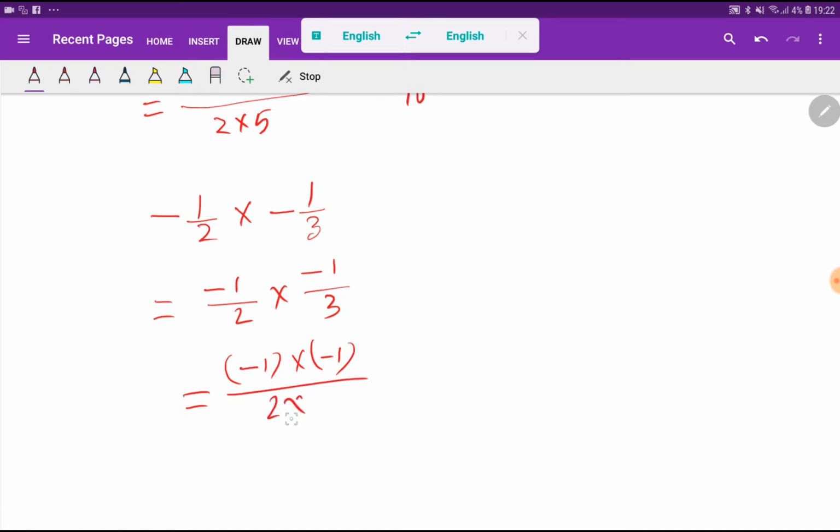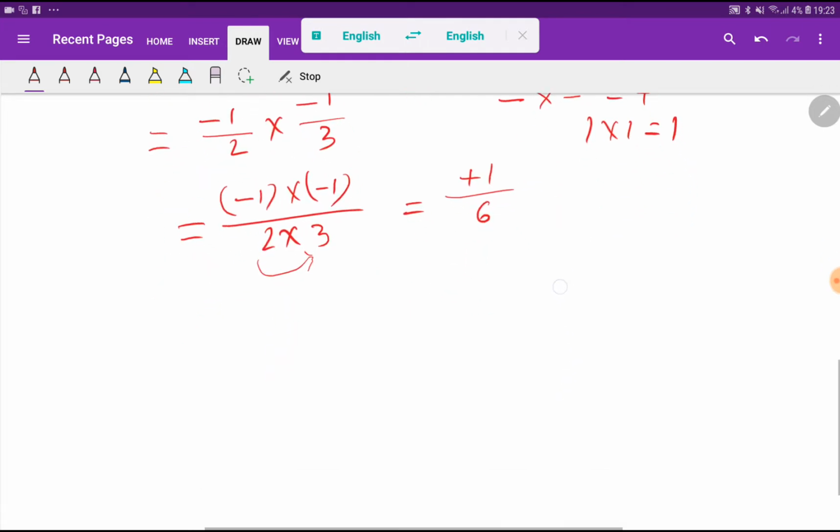And then we have to multiply denominator to denominator. Here we have minus, here we have minus. So minus times minus equal to plus, right? So we have to write here plus. Then 1 times 1 equal to 1. So plus 1. And 2 times 3, that is 6.